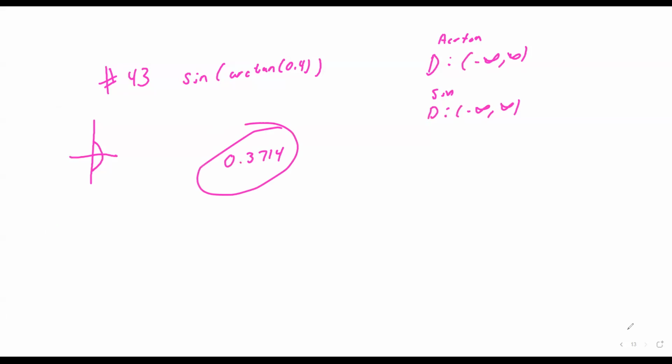All right, let's look at another one. Let's look at number 44. This one says sine inverse of cosine 3 pi halves. So remember, we go inside out. So here's 3 pi halves, which for cosine is 0.